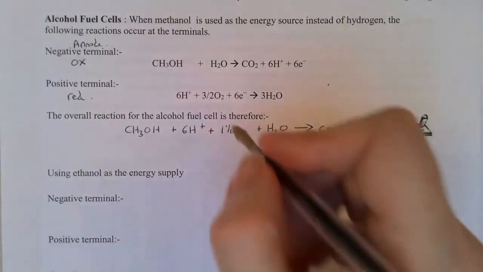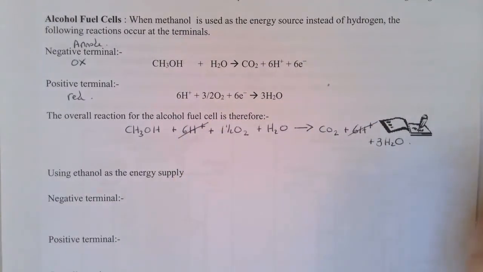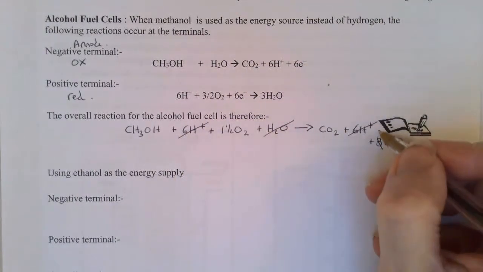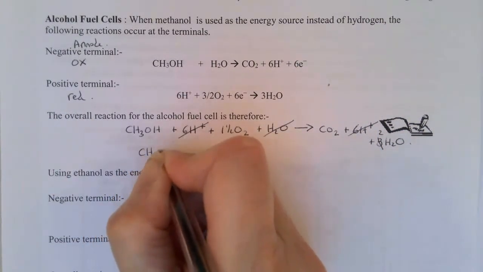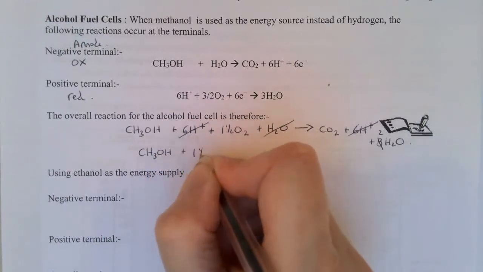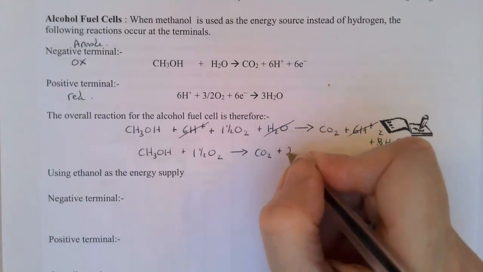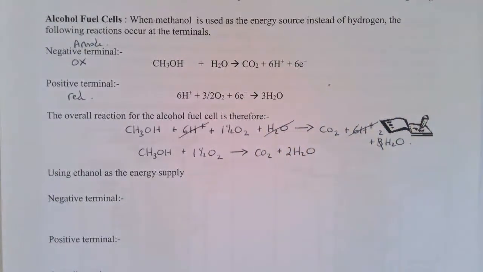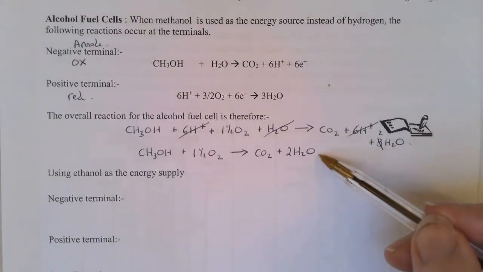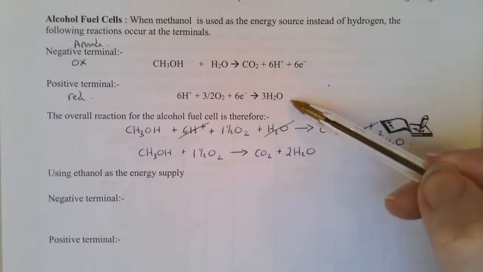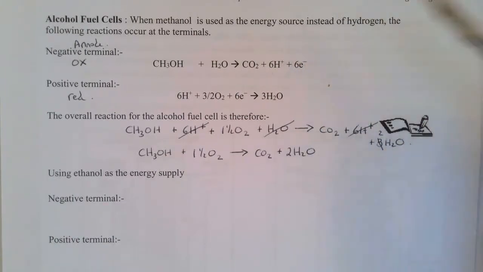And again, I can cancel the electrolytes, one of the waters cancels, and I get CH3OH plus 1.5 O2 going to CO2 and 2H2O. In other words, the full oxidation of methanol or the combustion of methanol. So all we're doing is we're burning methanol, but we're burning it under very controlled conditions where we've split the two half reactions up so we can use the electrons to drive a car or a battery.